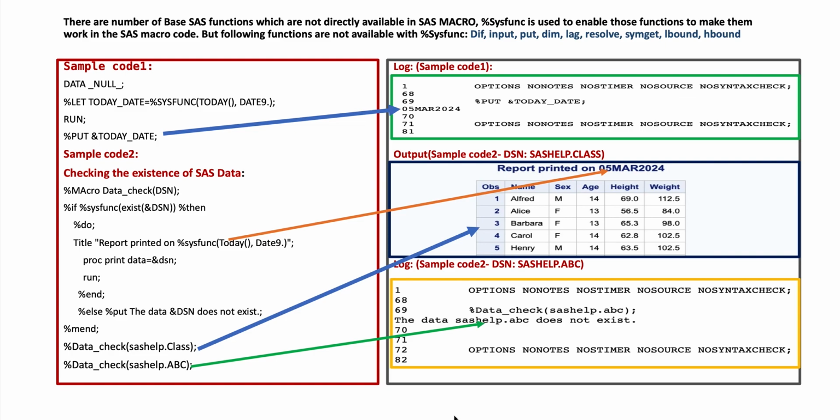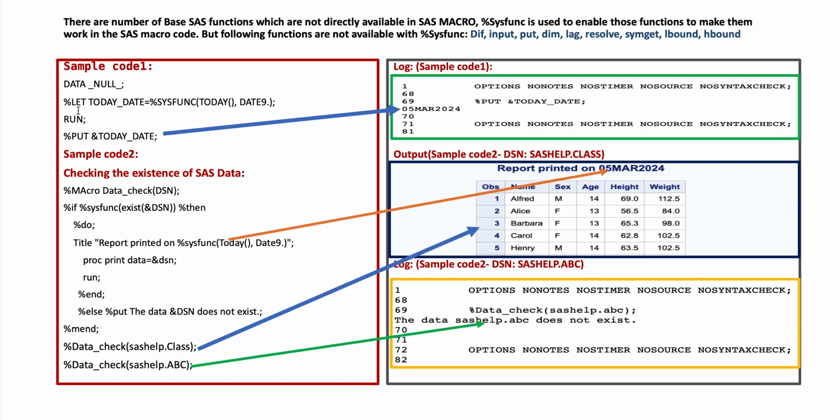Here is the use of the %sysfunc function. The first scenario is sample code 1, where a data step is used to create a SAS macro variable. By using _null_, we create the data step, but it won't print data.